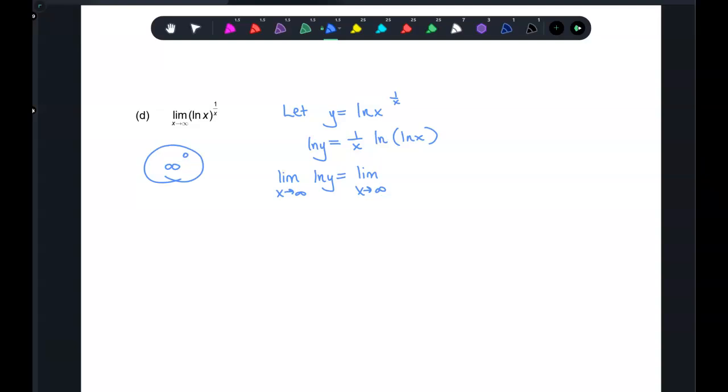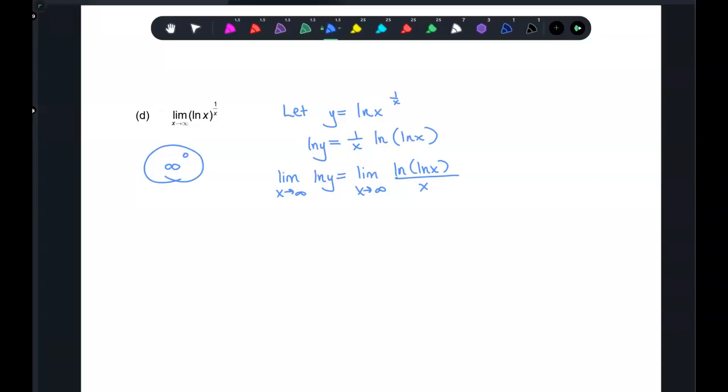Because it's the natural log of the natural log, it's a composition of functions, and they're not inverses of each other. So now if I rewrite it like this, I have infinity over infinity.